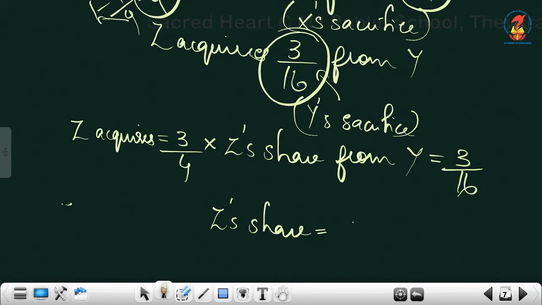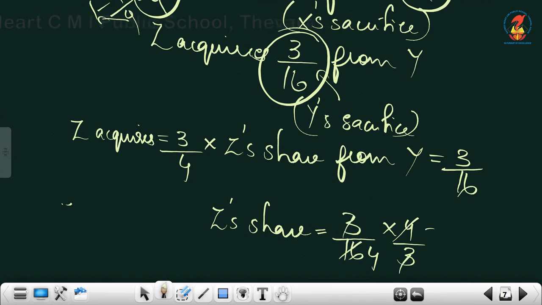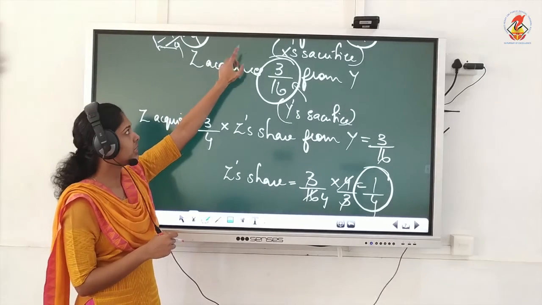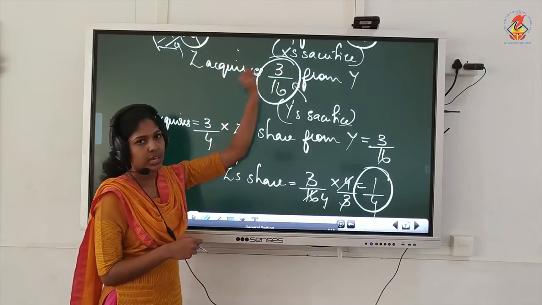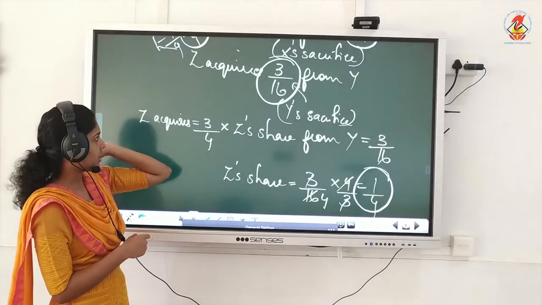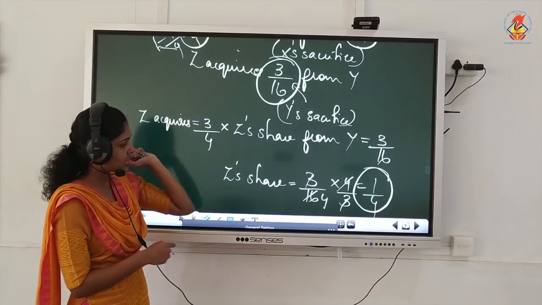Just take it to the opposite side. Take the reciprocal, that is 4 by 3, which gives 1 by 4. So we got Z's share now. Now we can apply it in this first equation. We can get what X sacrifice. We got what Y sacrifice already.